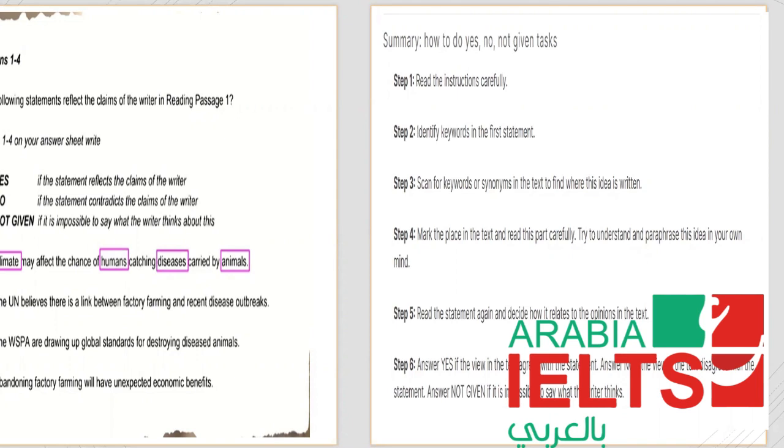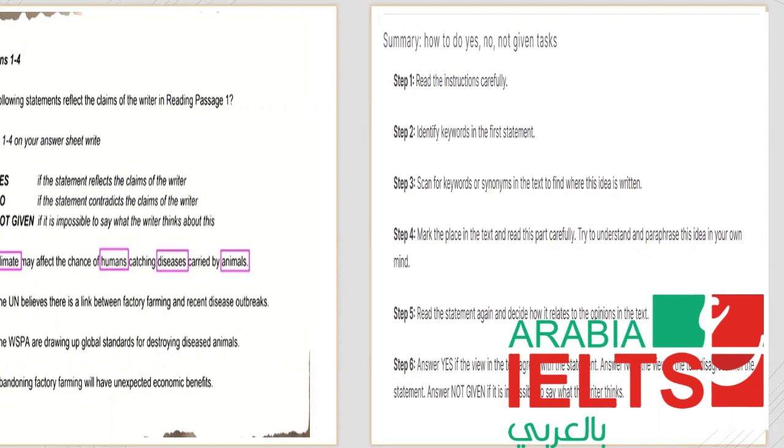When it comes to not given, as I said, it's always strict logic. Let's go to the skill practice, and you will understand what I mean when it comes to yes, no, not given.